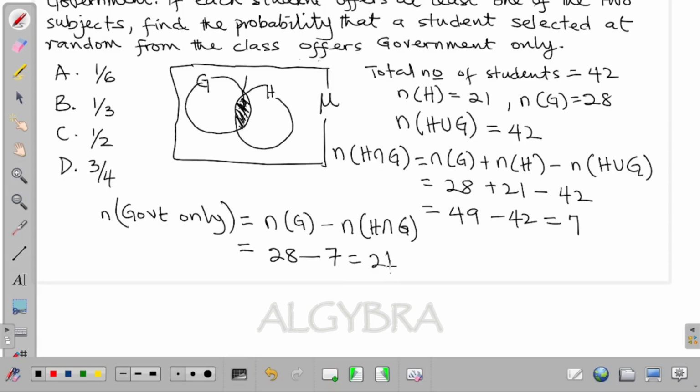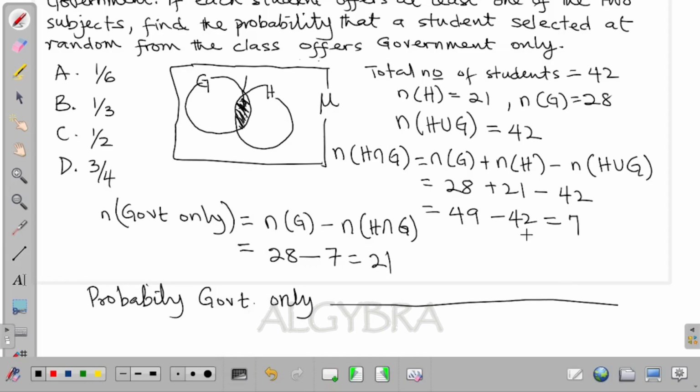Now the probability of the persons offering government only is given by the number of students offering government only divided by the total number of students.